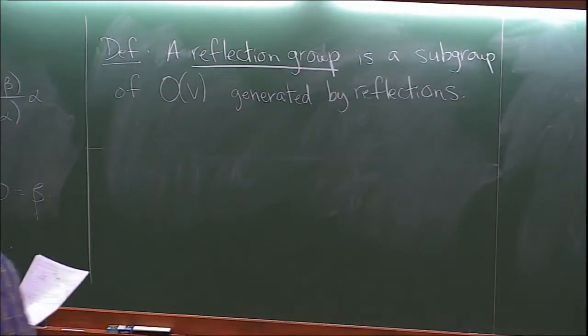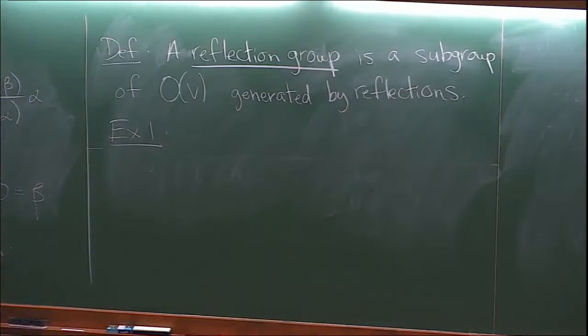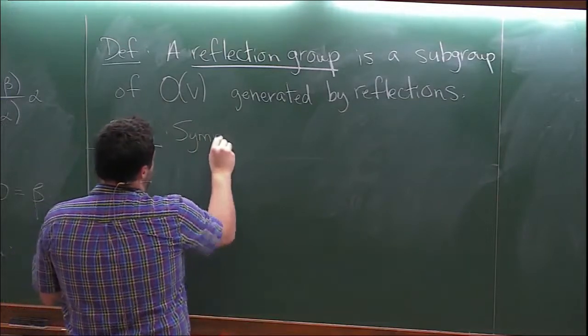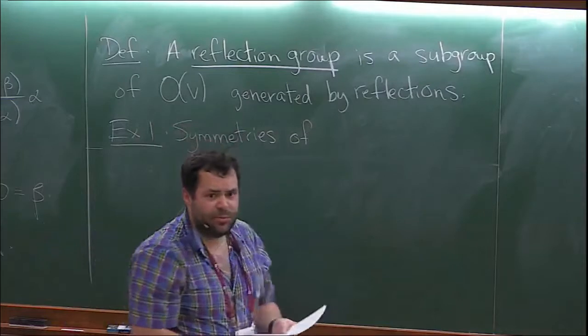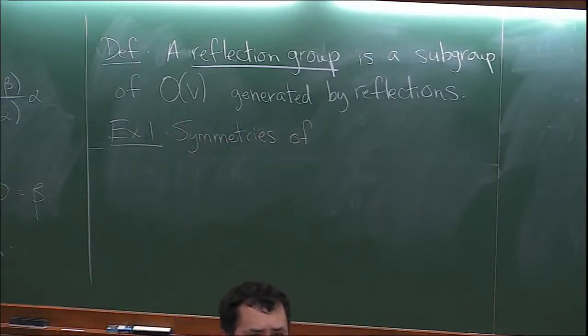Yeah. All right, so example 1. I want to do the symmetries of a triangle. How many people have taken some group theory type class, where you study symmetric groups and dihedral groups and stuff like this?